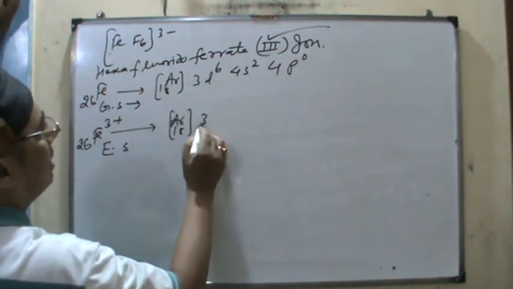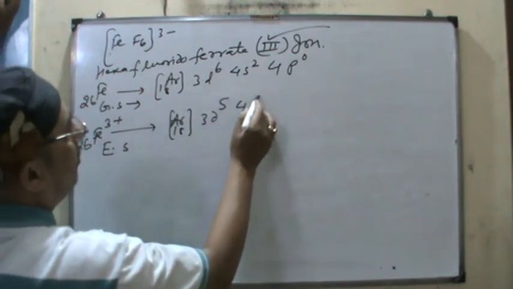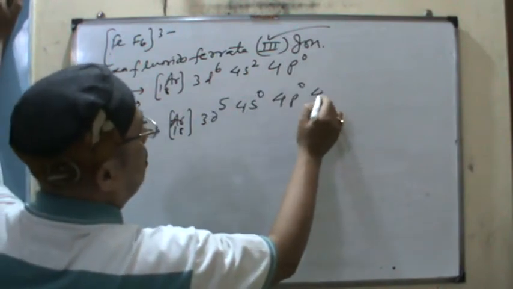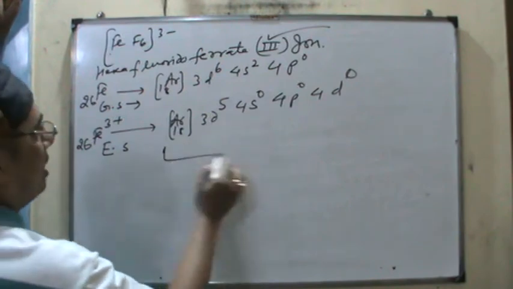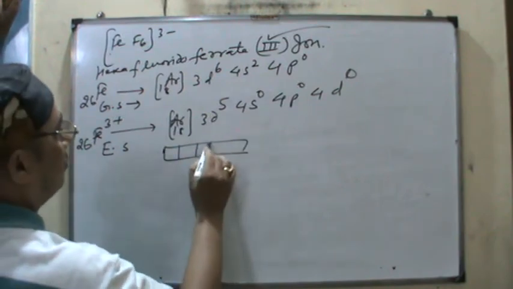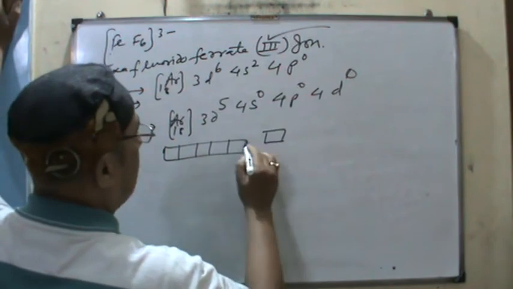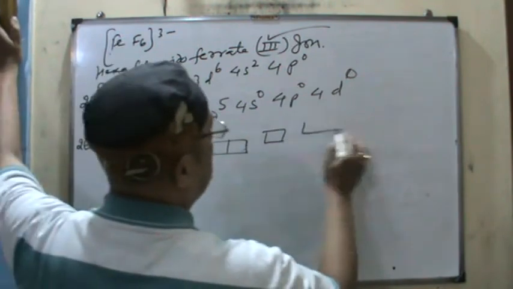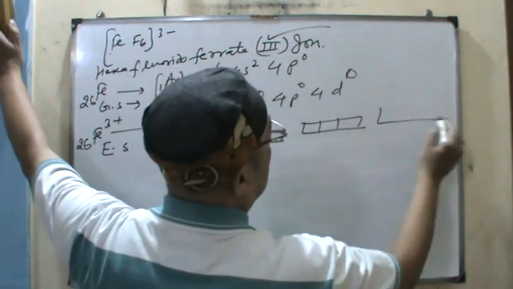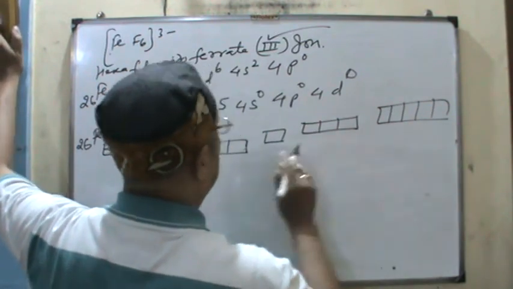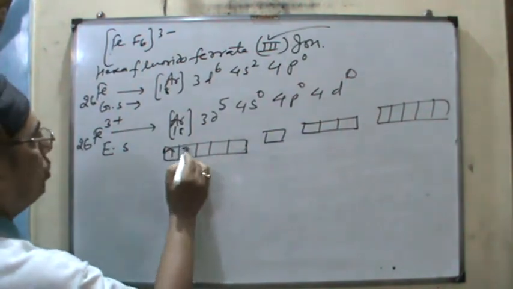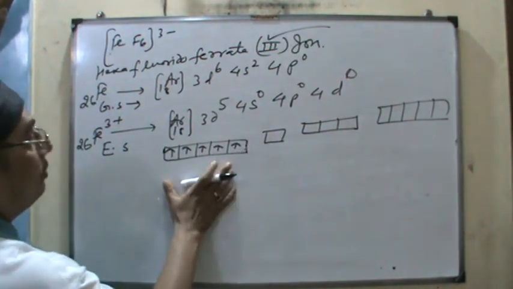Ground state as well as excited state: 3d5, 4s0, 4p0 and 4d0. Right. So d subshell has 5 orbitals. S is vacant, P already 3 orbitals and d already 5 orbitals. So 1, 2, 3, 4 and 5.